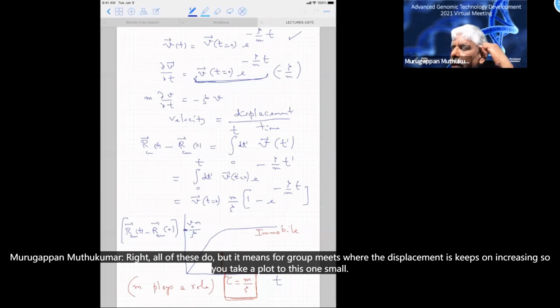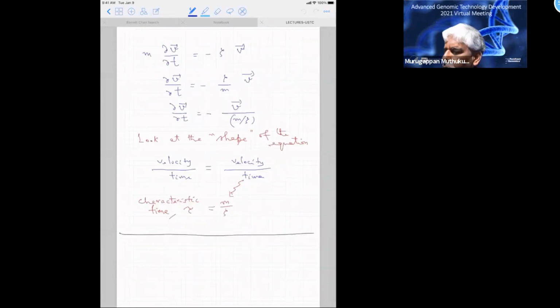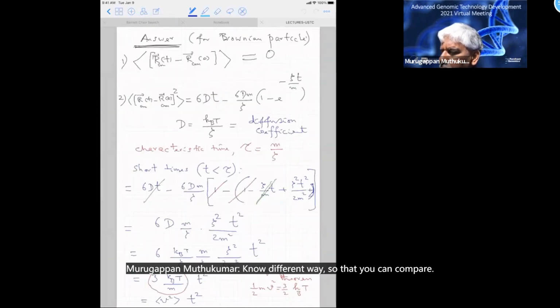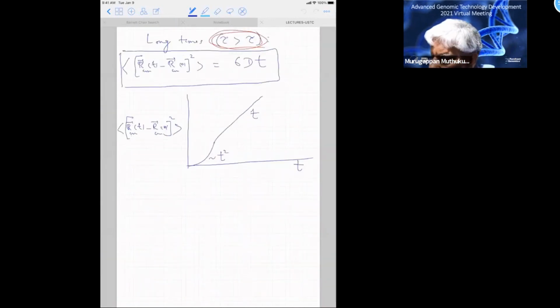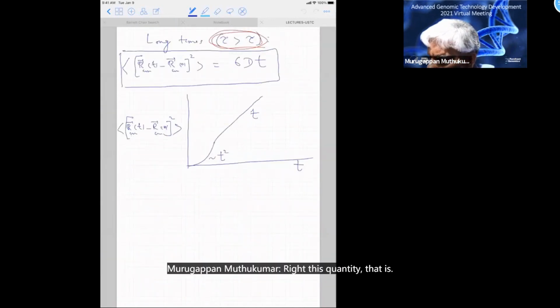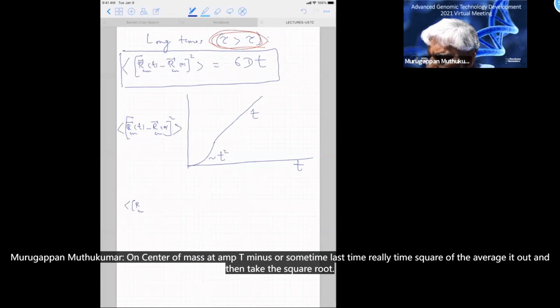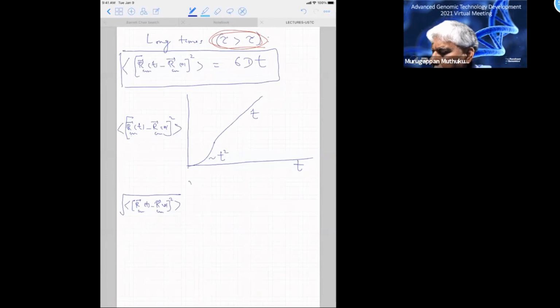So let me plot this once more in a different way so that you can compare. This quantity, R center of mass at time t minus R center of mass at an earlier time, squared, averaged, and then the square root, as a function of t.